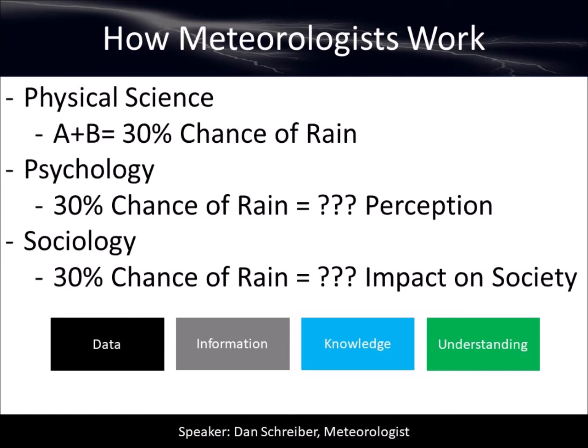If I tell you there's a 30% chance of there being snow tonight, and snow doesn't impact you, then okay, whatever. But maybe your city street sweepers, the snow plows and all that, they need to get ready just in case. If there's snow tonight and all the roads are snowed in, then you're not going to be able to get to work in the morning. There can be a loss of money there.